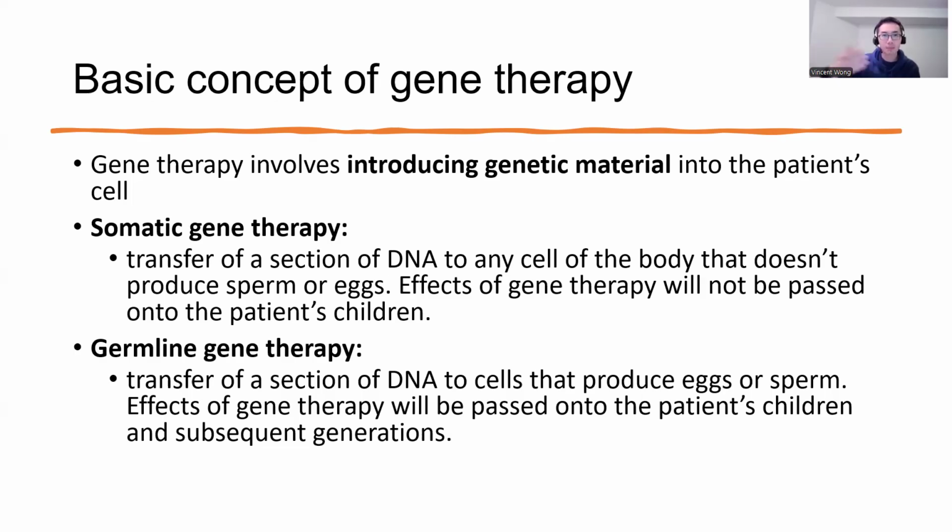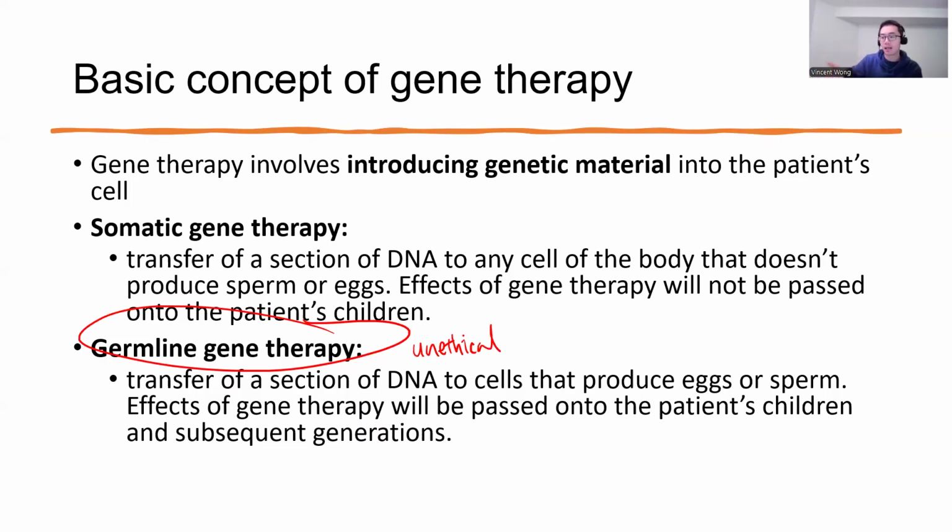Somatic gene therapy will only affect the person who's receiving it. It will not get passed on to future generations. But germline gene therapy, because it affects the sperm and the egg the person produces, will get passed on to subsequent generations. For that reason, germline gene therapy is considered unethical at the moment by many research institutions, because you don't want to be altering future generations without their consent.